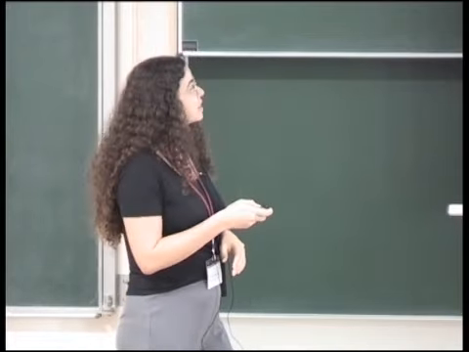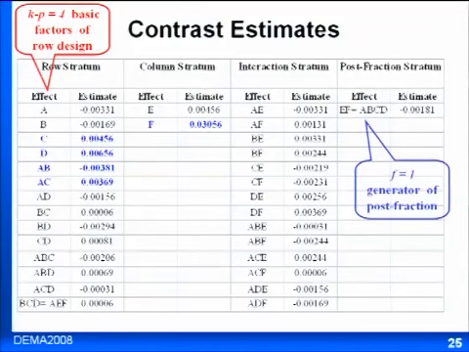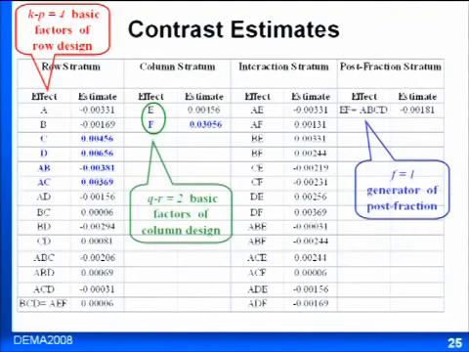So the next step is to go, for example, for one group. Here, the row group. So we have all the factors, A, B, C, and D, that were associated with the row group, and all their interactions, except the interaction ABCD, that is already here in the post-fraction. So we can do the same for the column group.